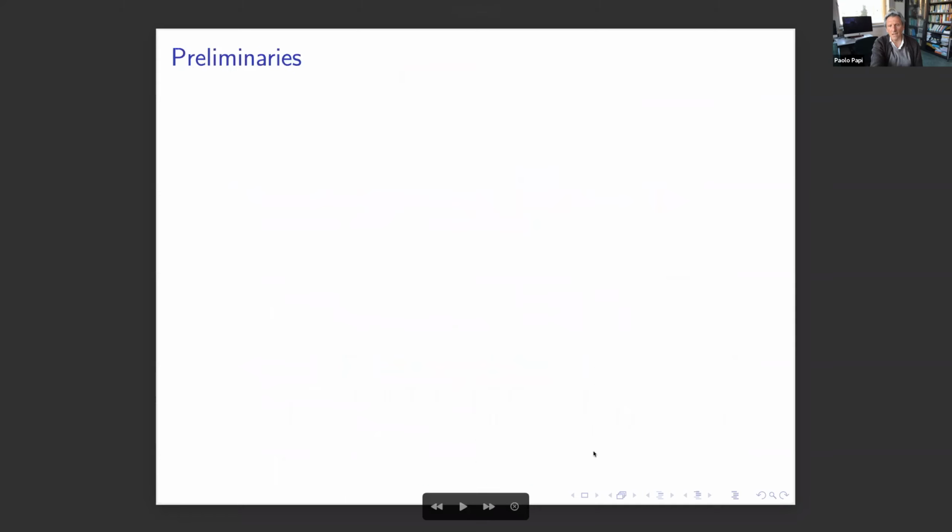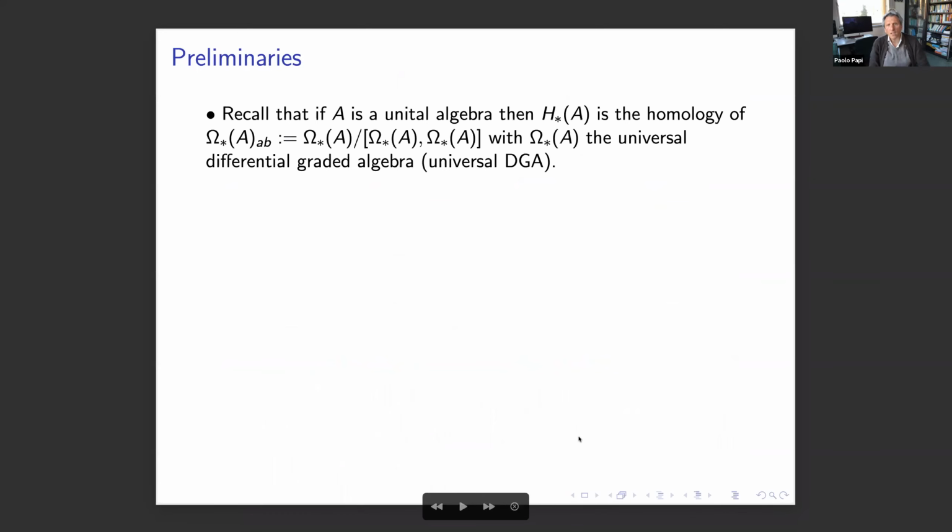Now let's get down to business, and let me answer one question that we had before, namely how you define non-commutative de Rham cohomology. So if you have a unital algebra, non-unital, you can proceed by unitalization. You can consider the universal differential graded algebra and the quotient by the graded commutators.